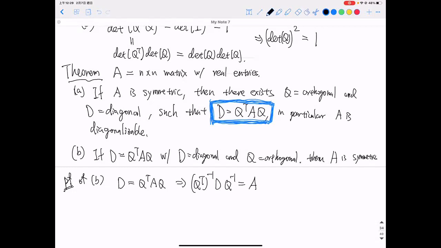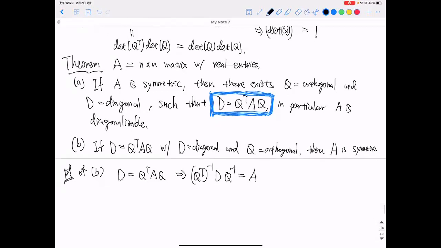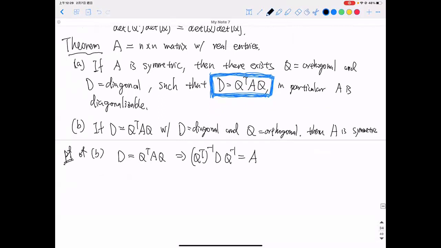That's A. Okay. You see Q transpose is Q inverse because Q is orthogonal. So this expression is the same as Q inverse twice, so that's Q D Q transpose equaling A.